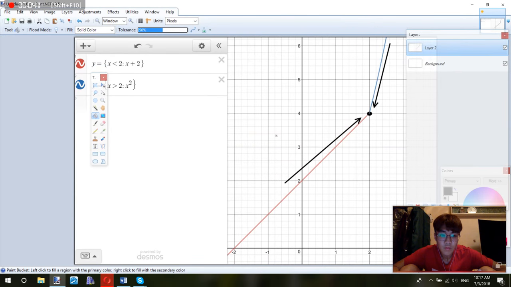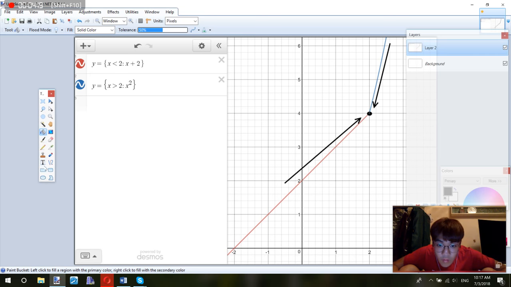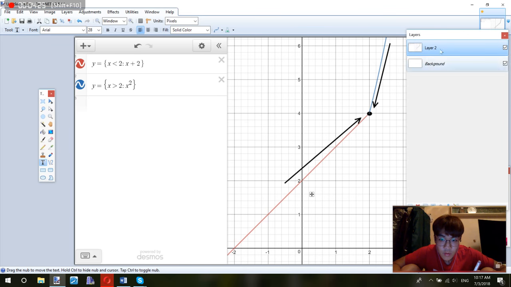back here. Okay, what is the slope of this red line, x plus 2? Is 1? Slope is 1, perfect.